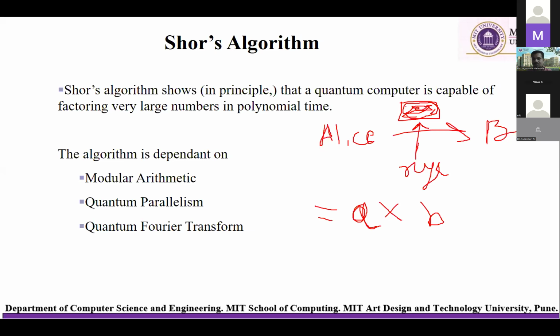Suppose you can just imagine this particular number is 15. So 15 is not the original message.